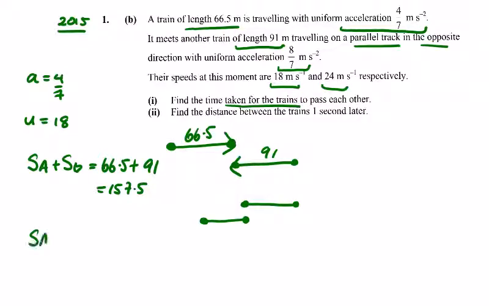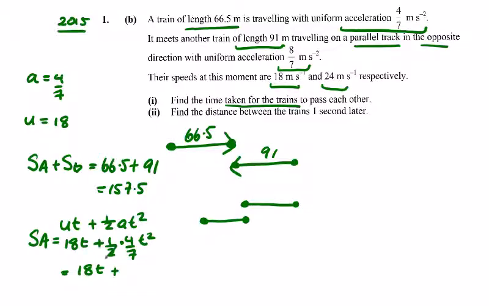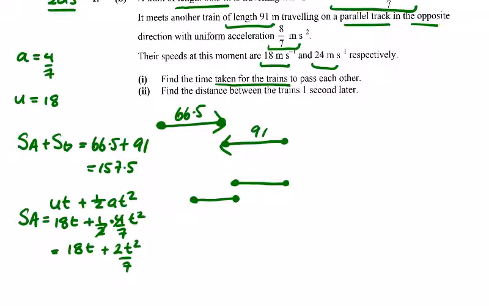So let's work out the distance traveled by both. S of A is equal to UT plus half AT squared. So we're going to have 18T plus a half by 4/7 by T squared, which is equal to 18T plus 2T squared over 7. Distance traveled by B will be 24T plus a half A, which is 8/7 by T squared.